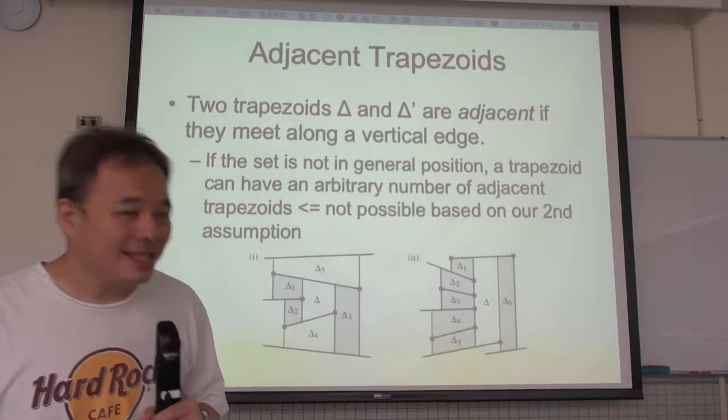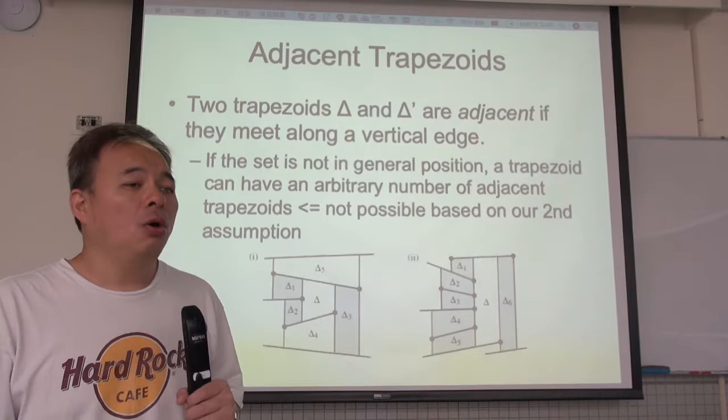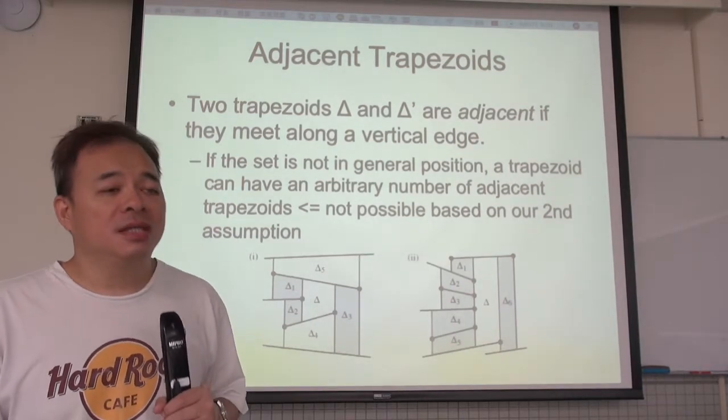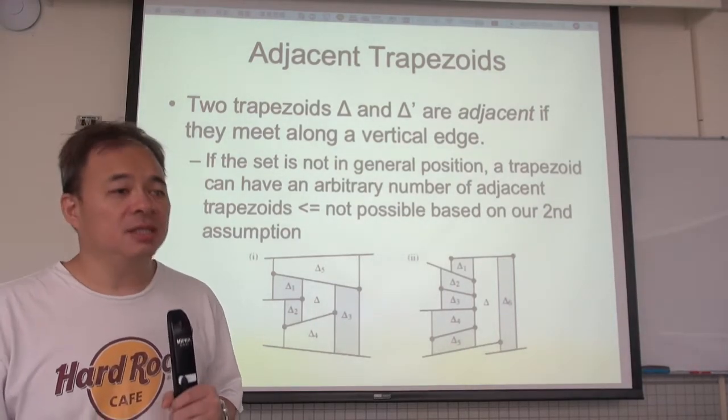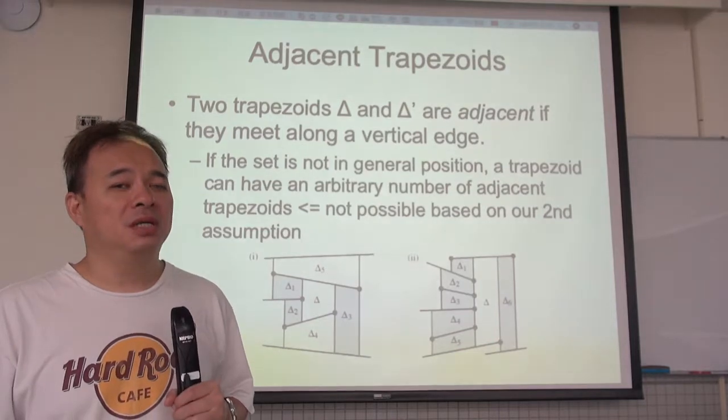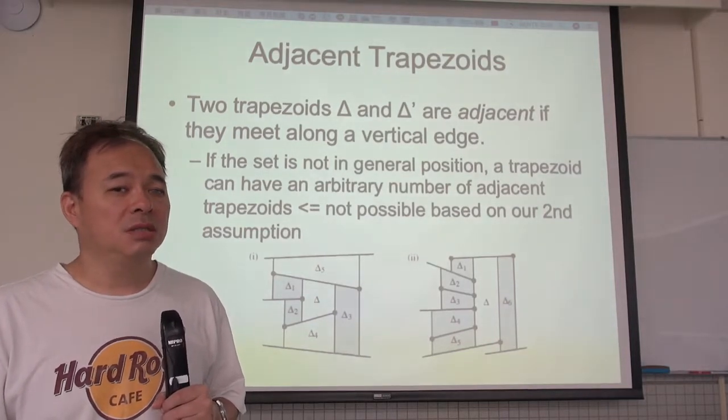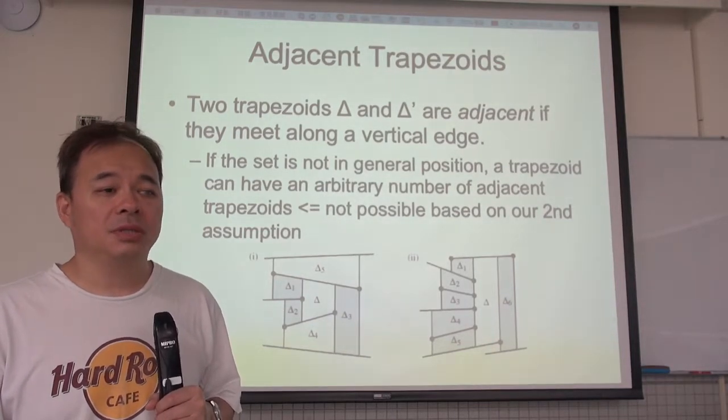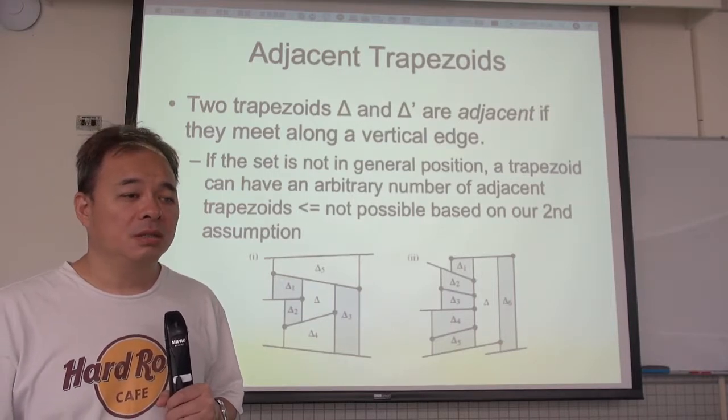So with that in mind, what is the maximal number of adjacent trapezoids for a given trapezoid, on both sides?